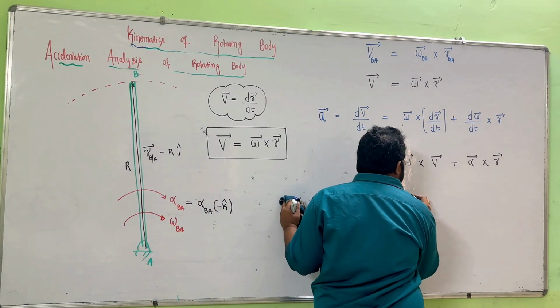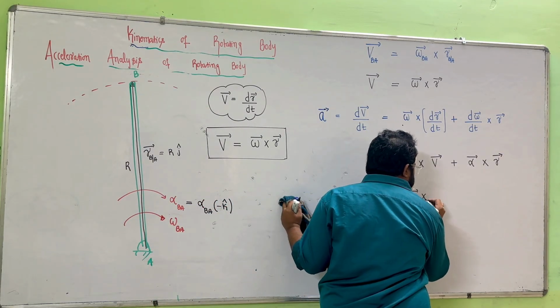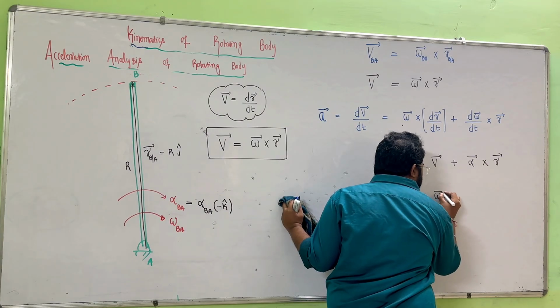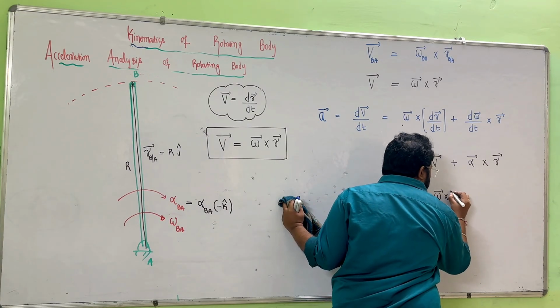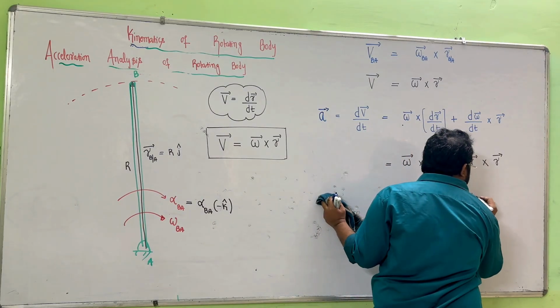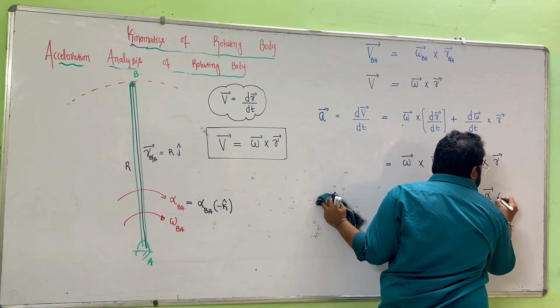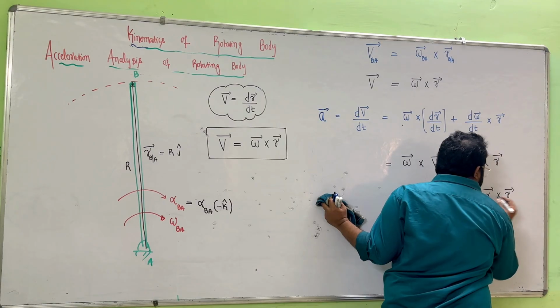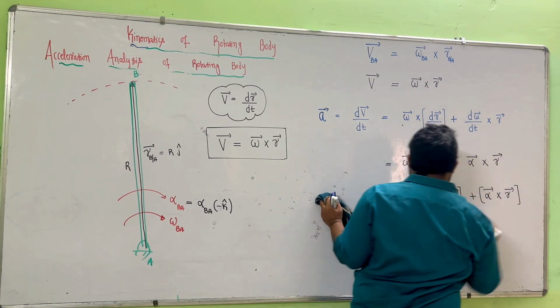So A bar equals omega bar cross V bar plus alpha bar cross R bar.